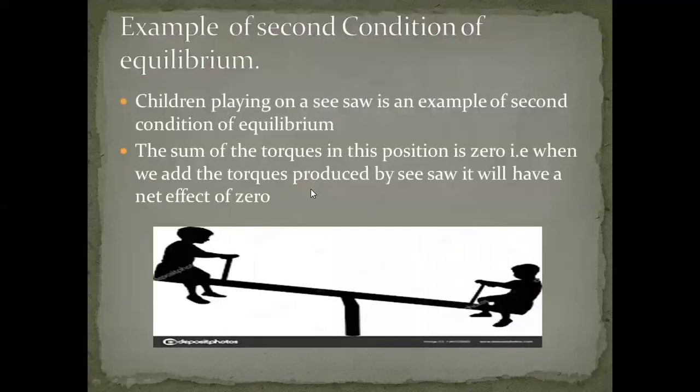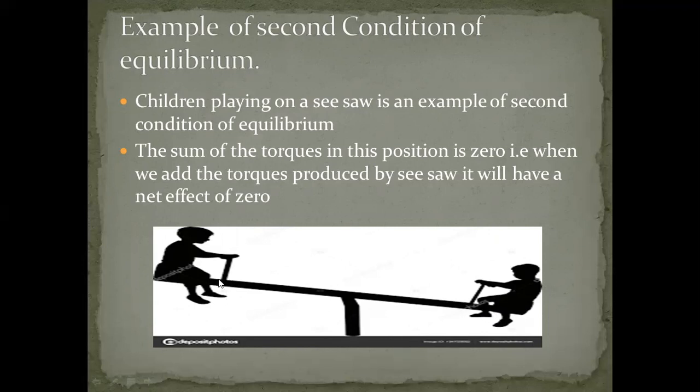We take an example that two children are playing on a seesaw. You have seen that the weight of the girl is acting downward, so that girl will produce a torque, and that will be an anti-clockwise torque. And that boy will produce a torque because his weight is acting downward, and this will be a clockwise torque.